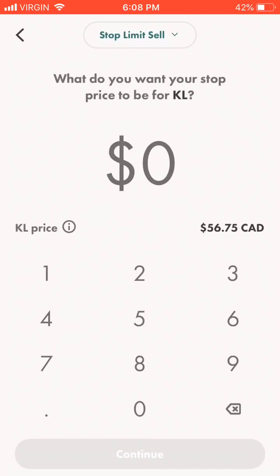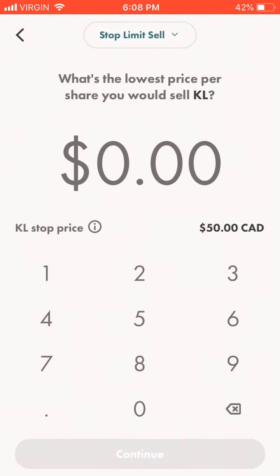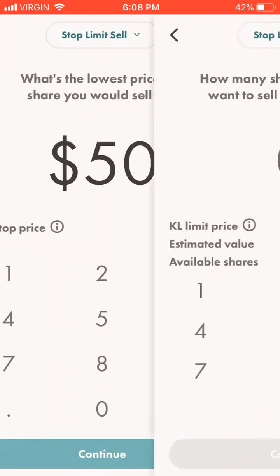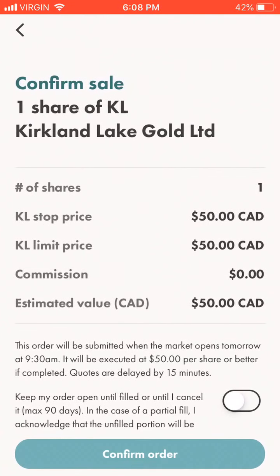Let's say, what do you want your stop price to be? In this example, I'm going to put $50. How many shares? One. If we proceed with this order, it basically means that if KL goes down to $50, we're going to sell it.